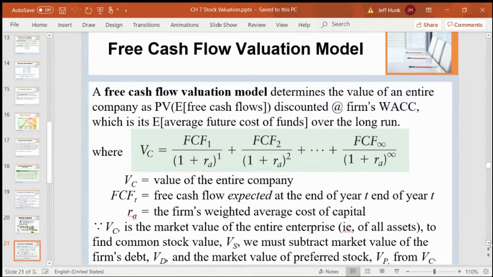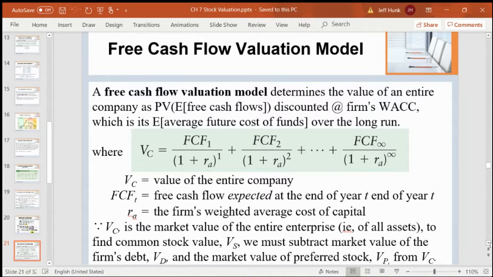But some companies don't pay dividends. So if this is the case, how do you value those companies? In other words, the dividend discount model is useless, right? The dividend discount model breaks down when there is no dividend.